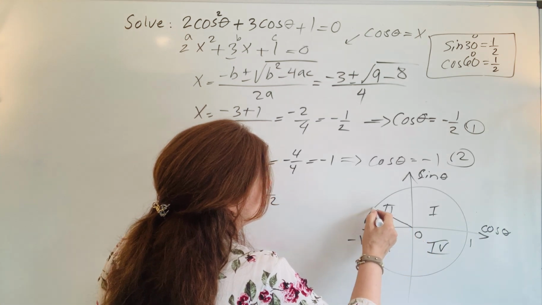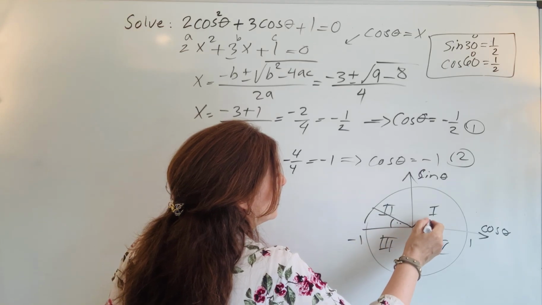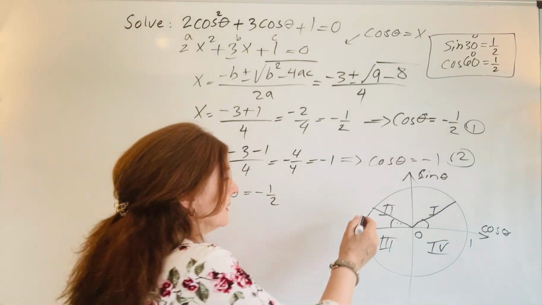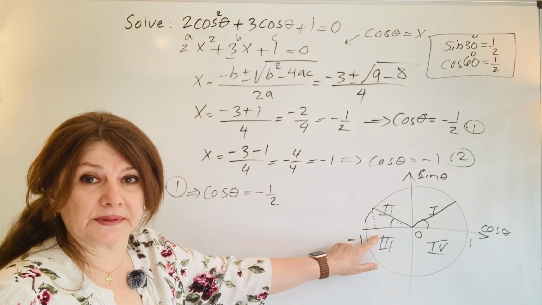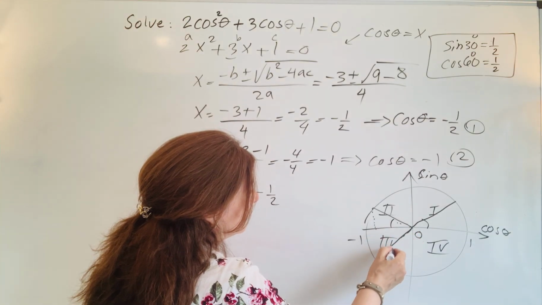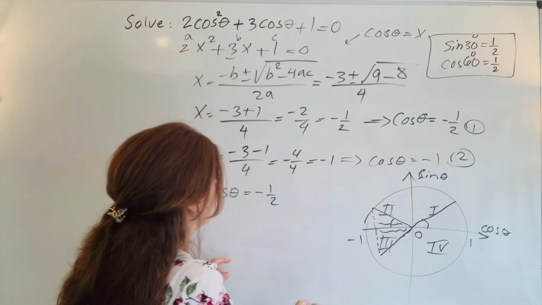Here, for example, is the reference angle, exactly like cosine of 60 degrees but on the negative side. And this angle also has the same negative cosine.